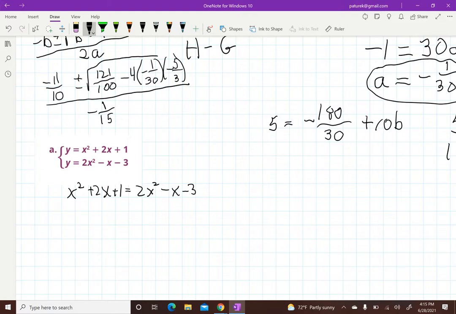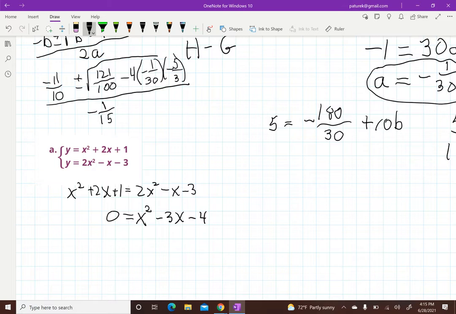I'm going to subtract x squared from both sides. I'm going to subtract 2x from both sides. I'm going to subtract 1 from both sides.